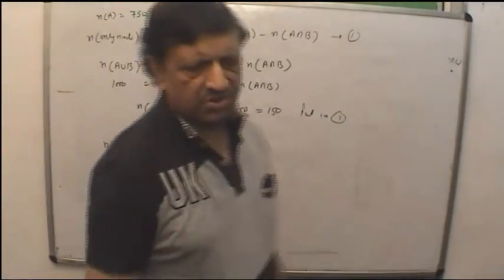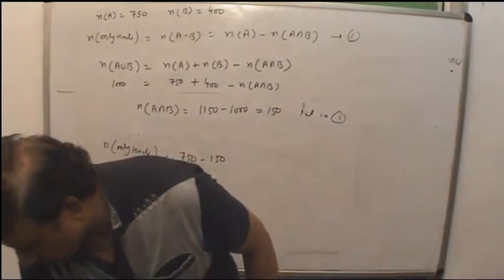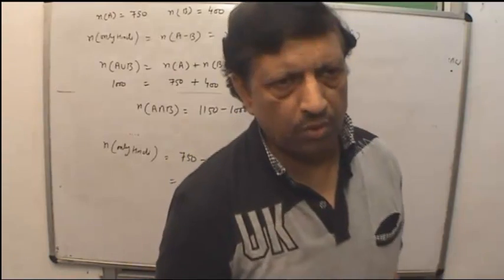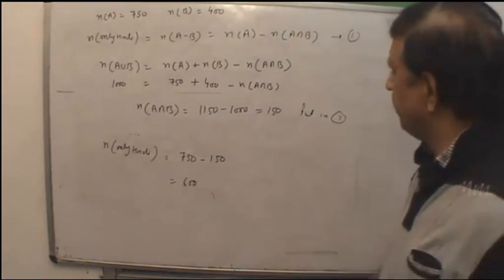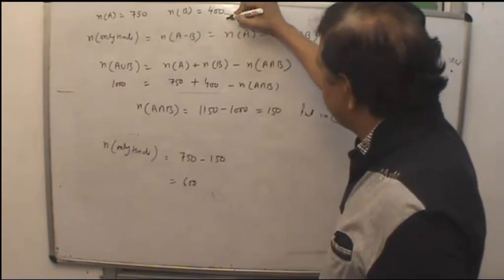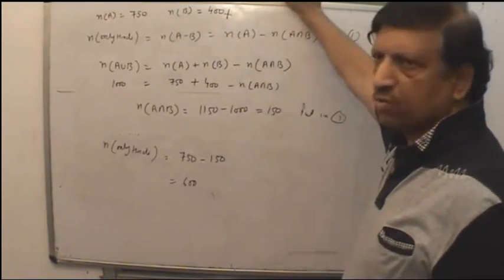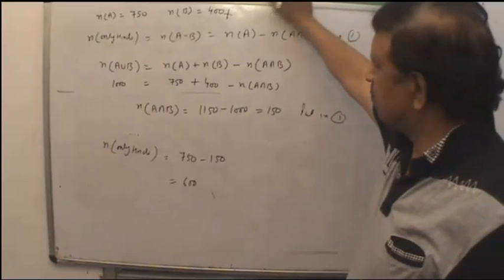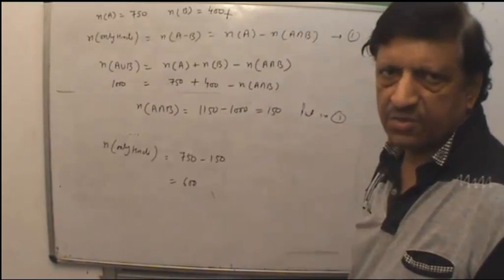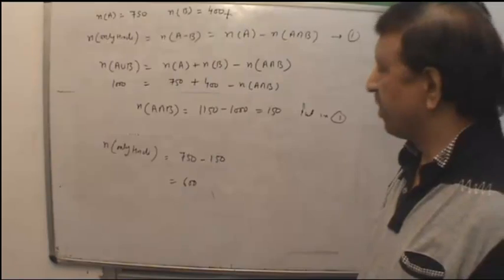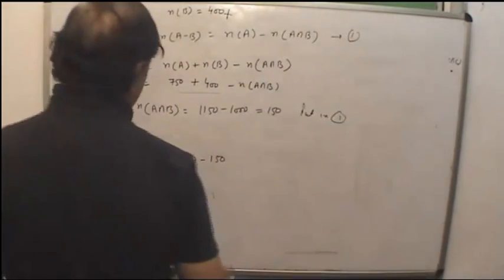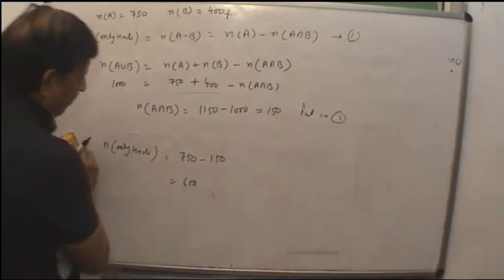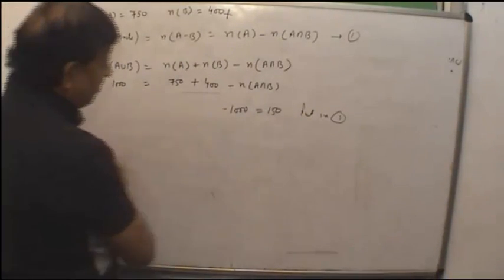It means 600 students can speak only Hindi. Similarly, we can find out only Bengali. If we subtract 150 from 400, that is 250. That is 250 who can speak only Bengali. In this way, we can apply the results to practical problems or numerical problems by using the given results.